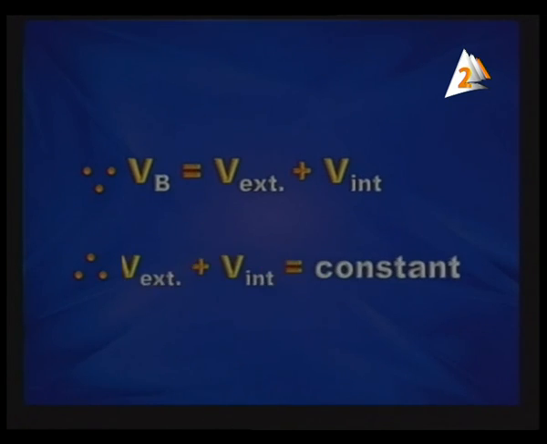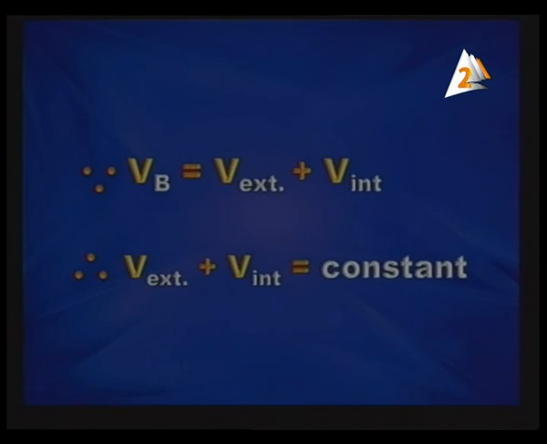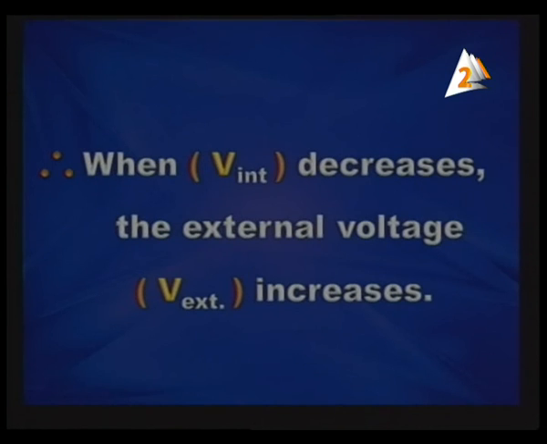Once again, V external plus V internal is equal to a constant, which is V sub B. Internal is decreased, so external voltage is increased. So once again, when the resistance R1 is increased, total resistance increases, current through the battery decreases, internal voltage decreases, but V external will increase, V1 will increase.